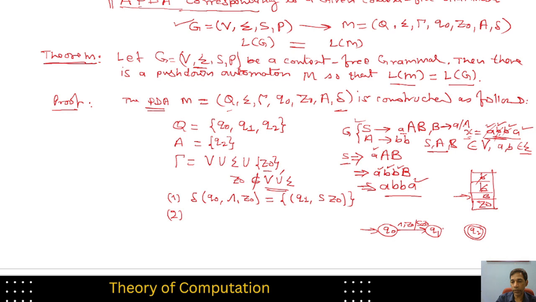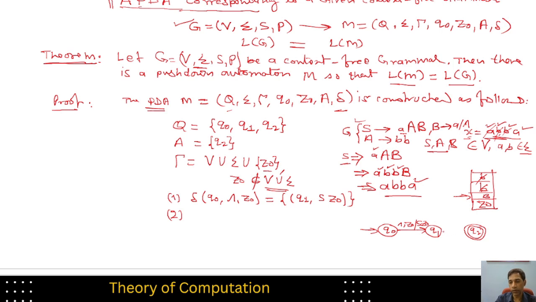Now once you are at Q1, with the top symbol S, starting from the start symbol you simulate the derivation, and once you have obtained the given input string, and you are able to delete this S from the stack so that the top becomes Z0, it means that the given string is in the language.